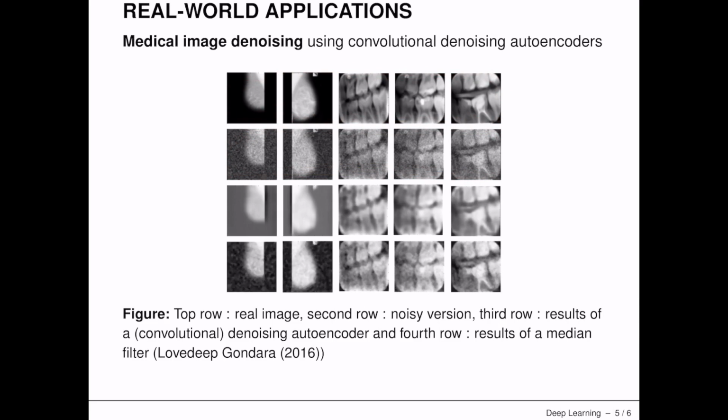And here we see the results of the denoising autoencoder, which are a bit lighter than the original input, but the noise is removed. And the last row shows an alternative, some kind of filter that aims at noise reduction, but this is clearly not as good as the results of the convolutional autoencoder.